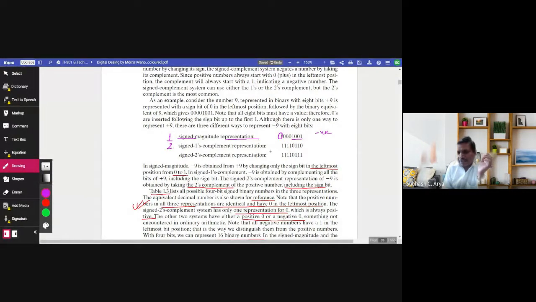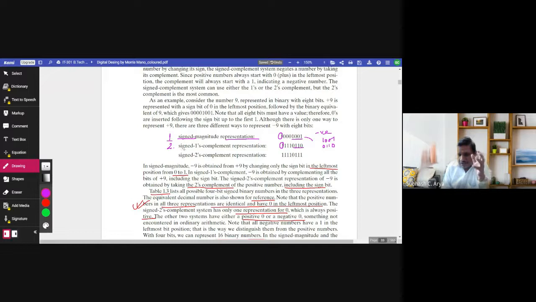In this, we keep the leftmost bit as 1, and the magnitude portion is represented in one's complement form. Suppose the magnitude is 1 0 0 1. Its one's complement will be 0 1 1 0, and this is what is written here. The leftmost 1 indicates this is a negative number.